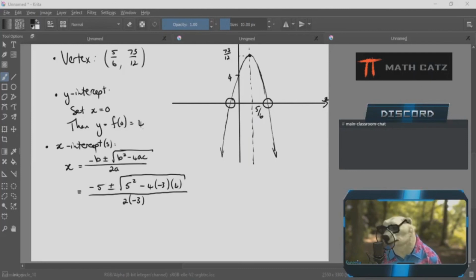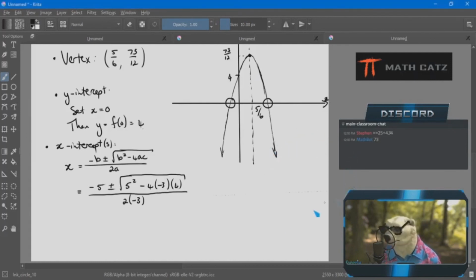So I know 5 squared is 25. Oopsie, not plus. Oh, it's going to be a plus, yeah, 2 negatives. 4 times 3 times 4. So just inside the square root, of course, it's not a nice square. It's a 73. But at least now it's going to look much less intimidating.